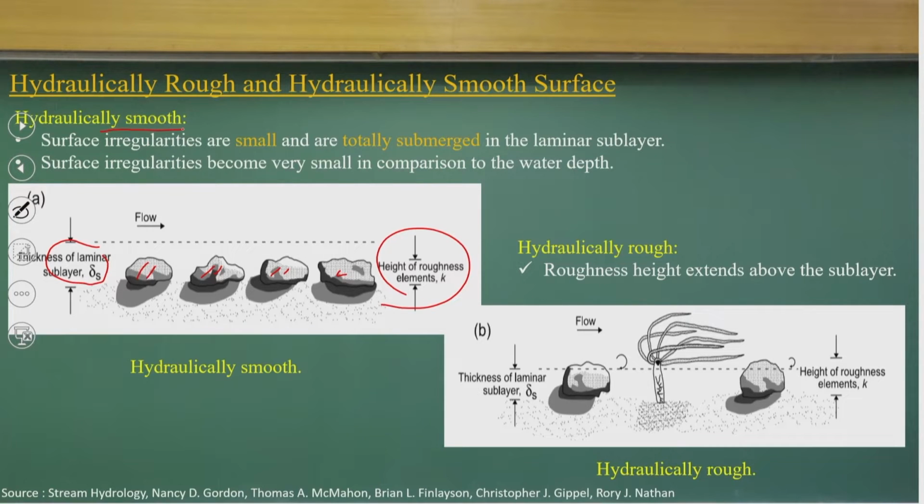In this case, the surface irregularities are small and totally submerged in the laminar sublayer, and very small in comparison to the water depth.